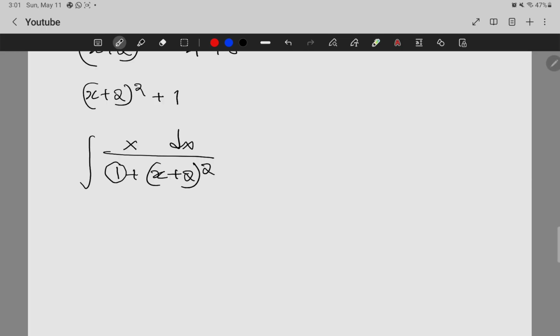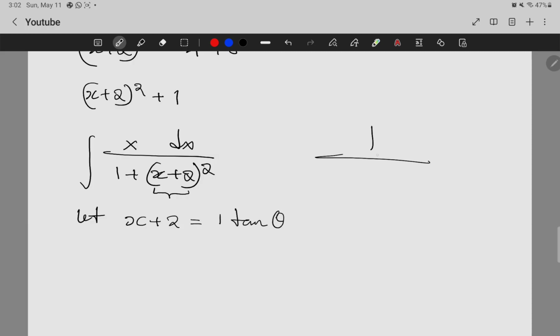The square root of 1 is 1. So here we'll let the variable part, the whole thing, be the thing we substitute. So here it won't just be x. We'll let that whole lot be the thing we substitute. So let x plus 2 be equal to a tan theta. Our a is 1, so we'll have 1 tan theta.